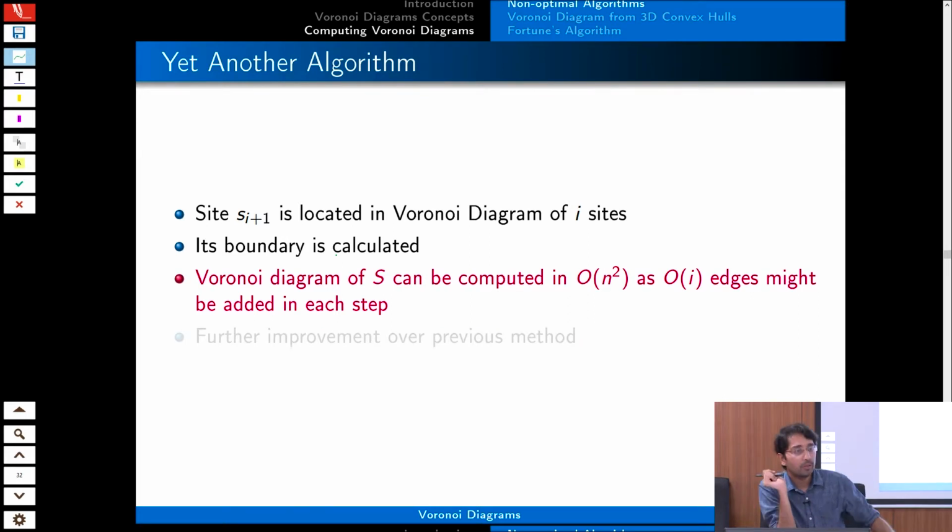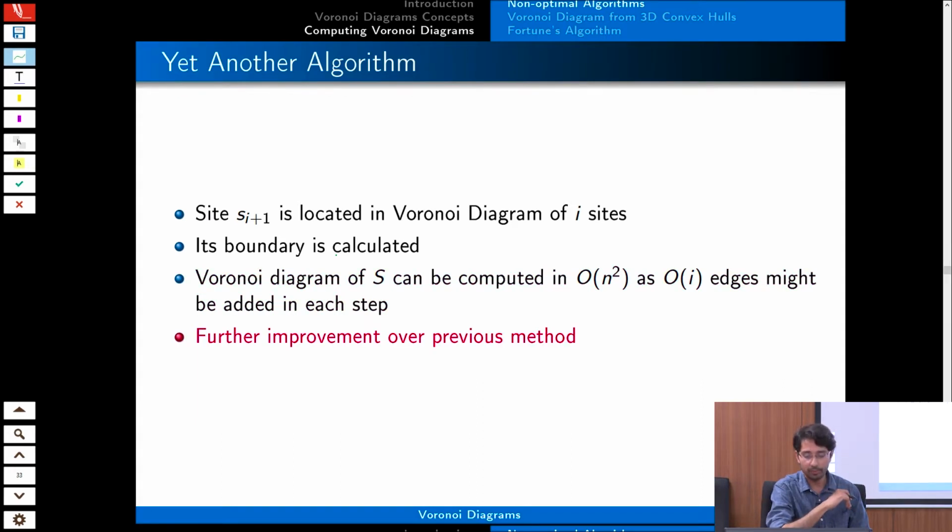If I add a new site point, how many edges can it introduce? N many. So roughly in n time you can add a new vertex, and you have to add n many vertices. So the vague idea is that in n square time you can do that.